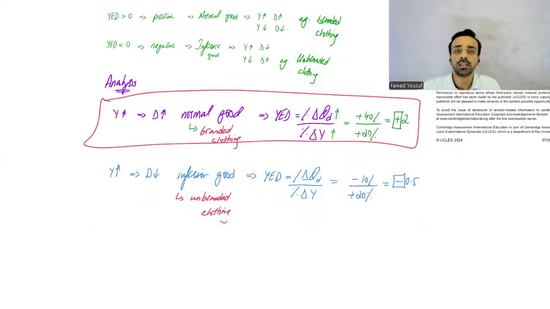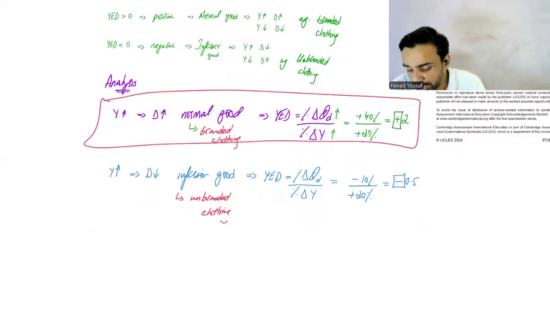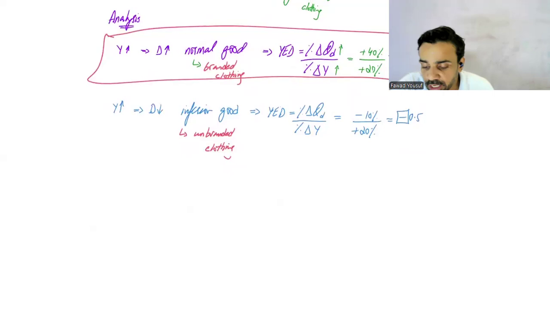Honestly, what I would have done in my evaluation is this: I would have gone to the extent of answering how big of a difference it can actually bring. So this is what I would have done.